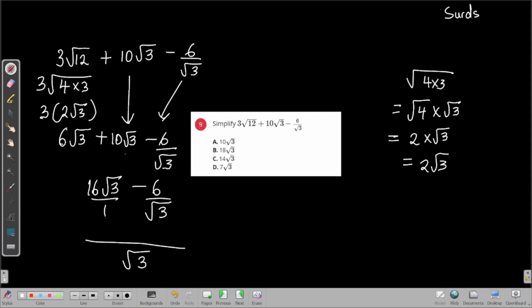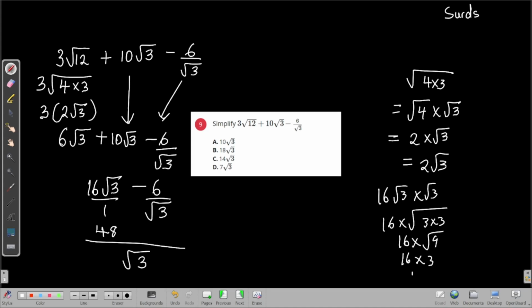Root 3 times 16 root 3 is 48. That's 16 root 3 times root 3, that's 16 times root 9, 16 times 3, which is 48. Then minus 6. So this is equal to 42 over root 3.